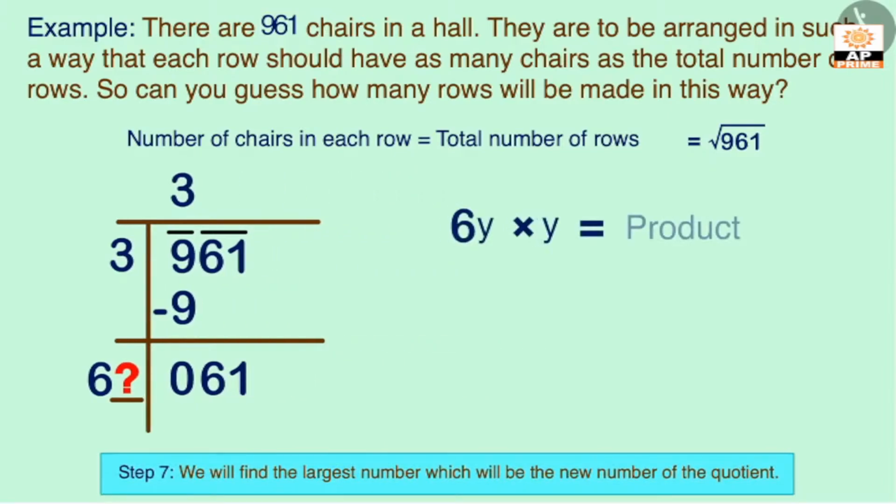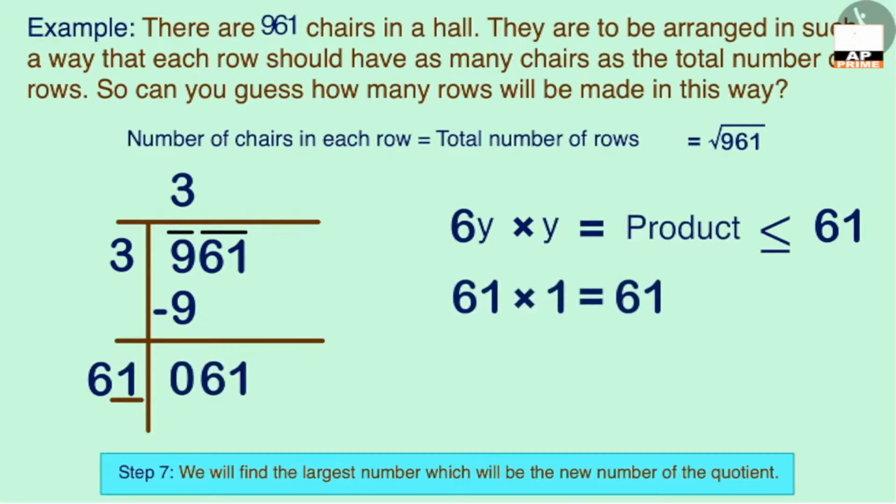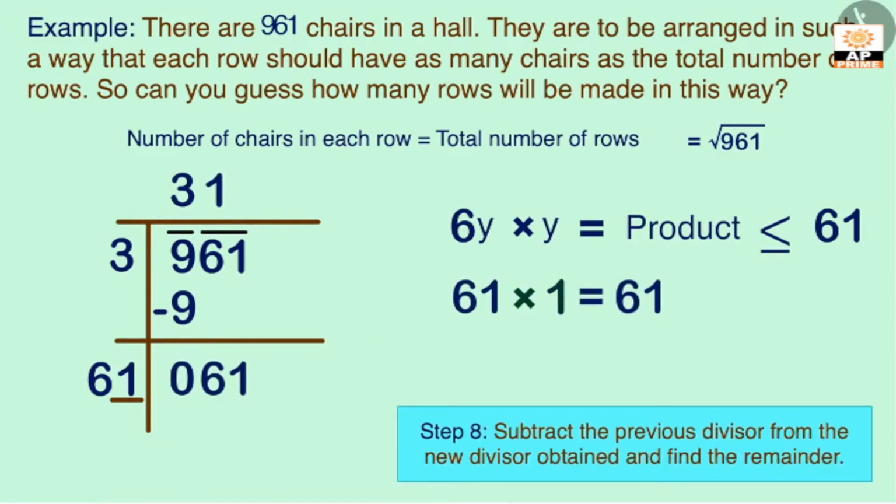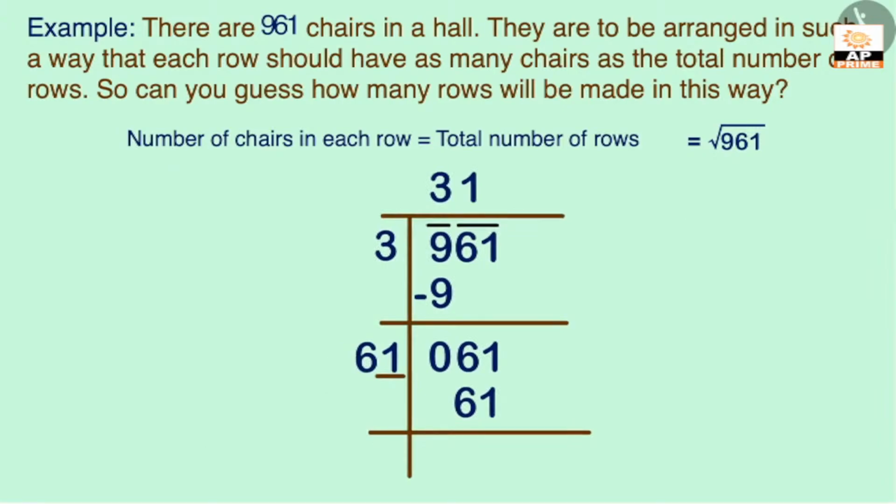To fill this blank, we will find the largest digit that will be the new digit of the quotient and multiply the new divisor by this new digit of the quotient. The product will be either less than or equal to the dividend. The digit 1 will be put in the blank space because 61 times 1 is equal to 61, which is equal to the new dividend.